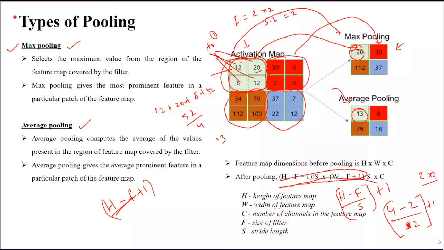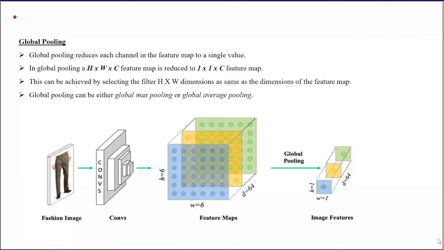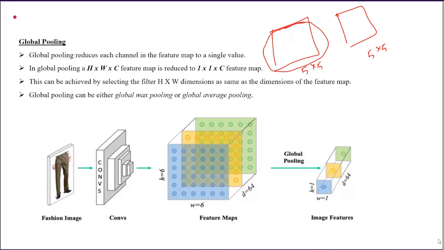Another type of pooling available is called global pooling. In global pooling, you take the filter size as the size of the activation map. So if the activation map is 5 cross 5, then the filter size will also be 5 cross 5. You are dealing with the whole patch, the whole channel, and it will produce only 1 pixel.